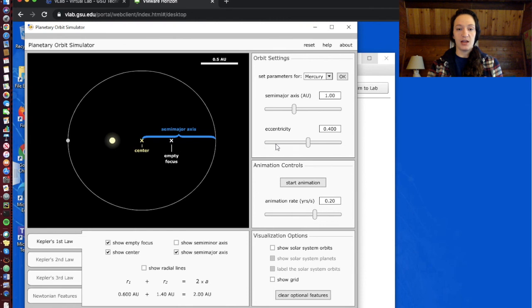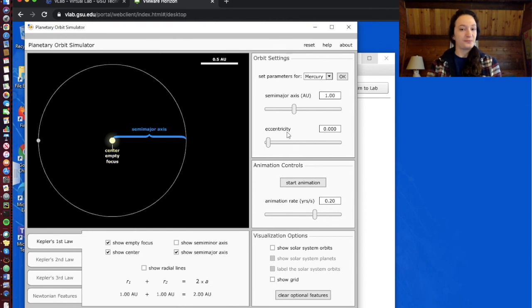You're going to slide it way down. So for question 1, what happens to the shape of your orbit, which is this outside line that the planet draws as it orbits around? What happens to that as you lower the eccentricity, as it gets closer to 0? And what happens to it as you raise it, as it gets closer to 1?